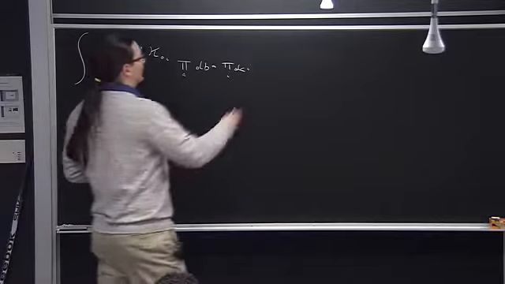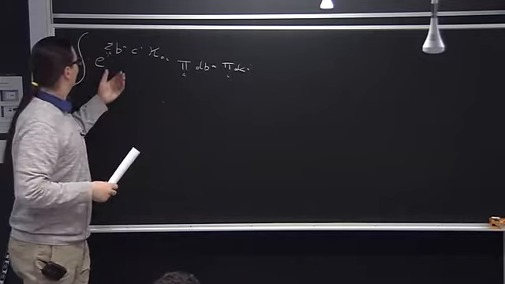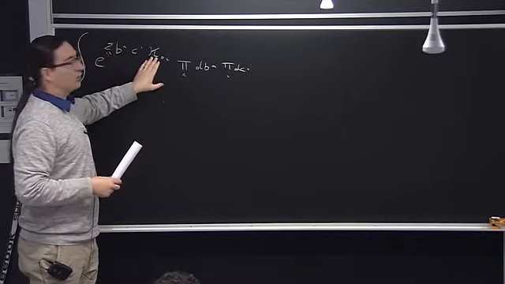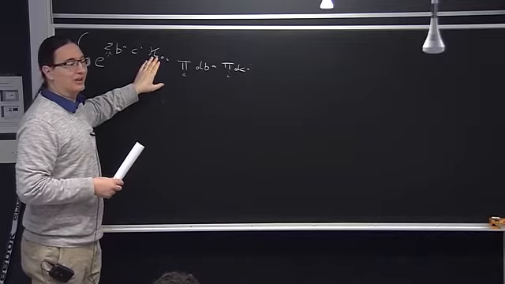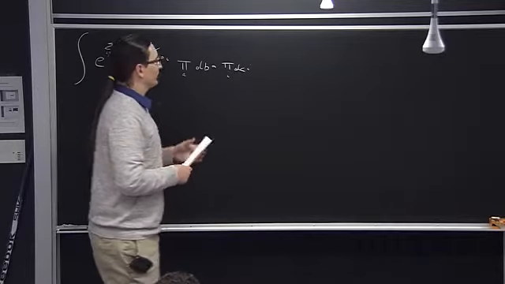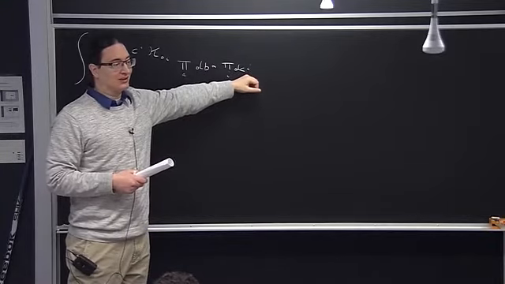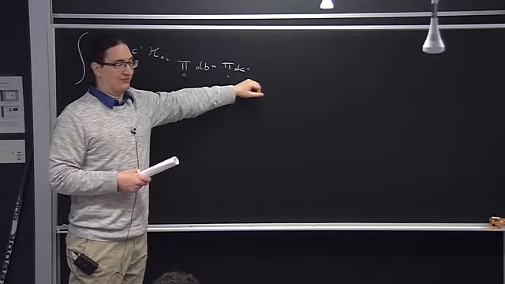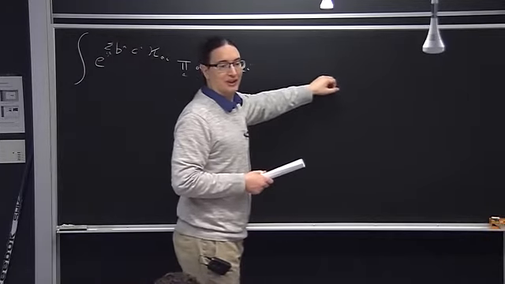The problem is caused by the zero modes of the kinetic term. If there are any zero modes, I need to count the number of b zero modes and the number of c zero modes and take the difference. And that will tell me how many b's and c's I need to put in my operators.